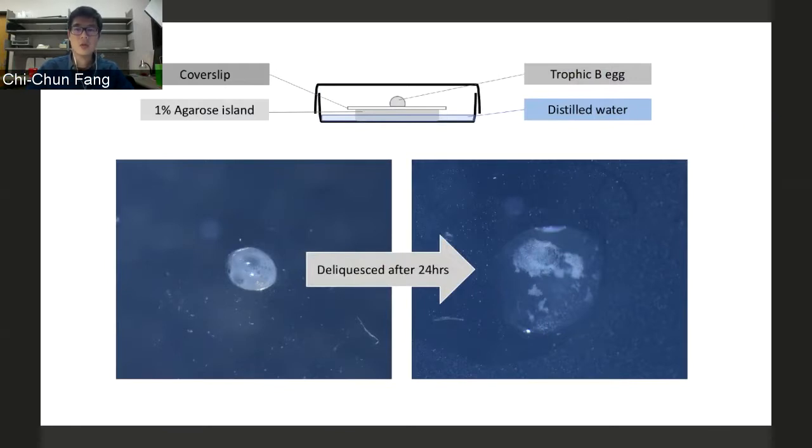Okay, so it proves that this is a really nice co-evolutionary evidence that helps both parties, right?